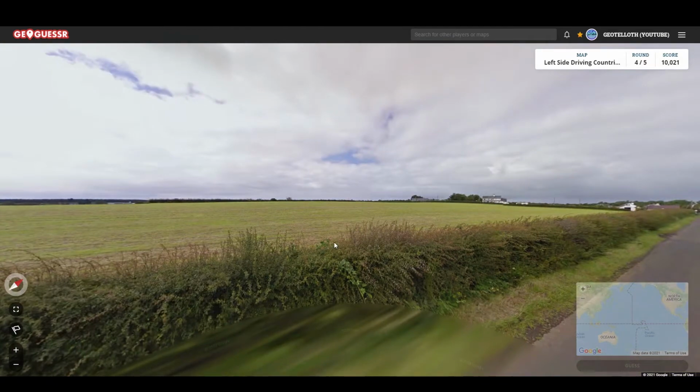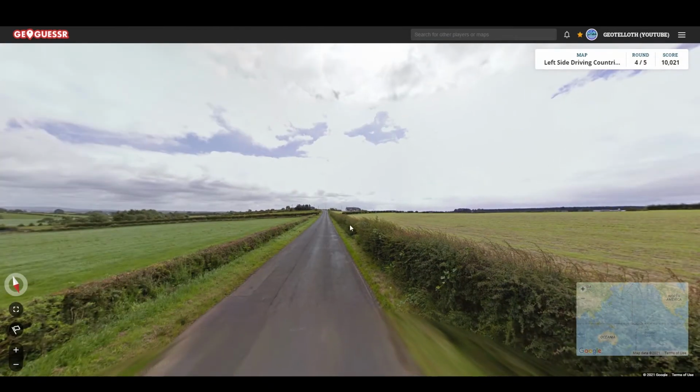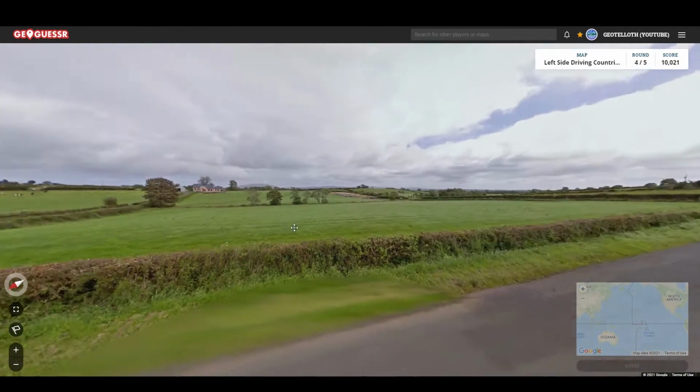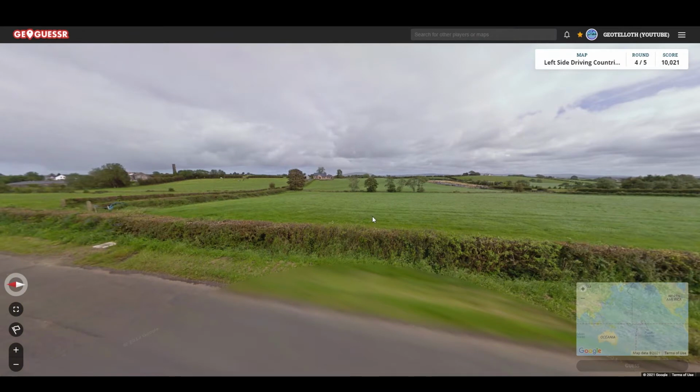Okay, so this should be the UK or Ireland. It's fairly distinctive. I should say, of course, that when I talked about New Zealand looking quite continental, New Zealand does look like this in parts. Sometimes it's easy to sort of confuse New Zealand with the UK or Ireland.